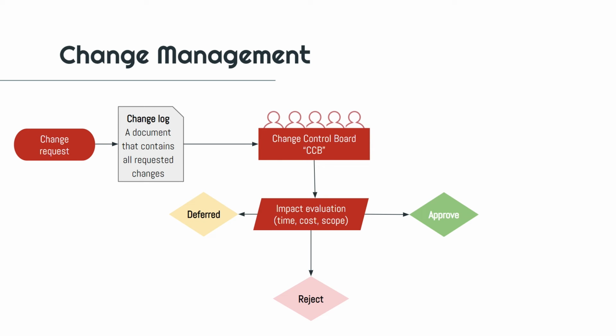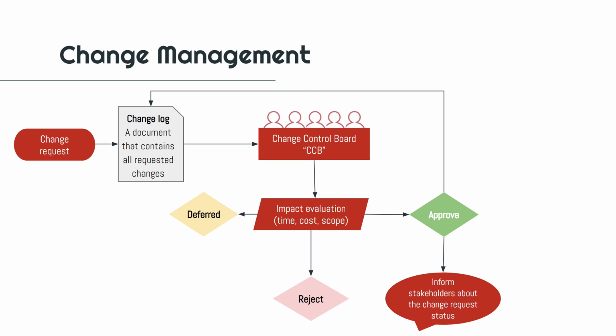So let's see each of these in much more detail. If the change control board accepted a change request, then there are 3 actions you need to do. The first action is updating the change log. Second, informing all stakeholders about this decision.